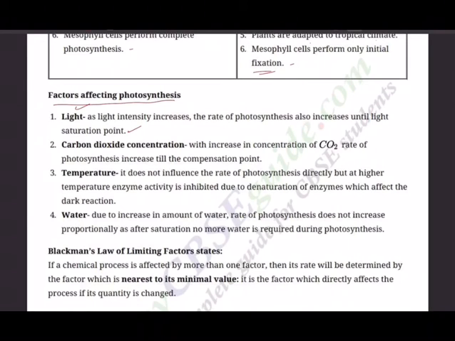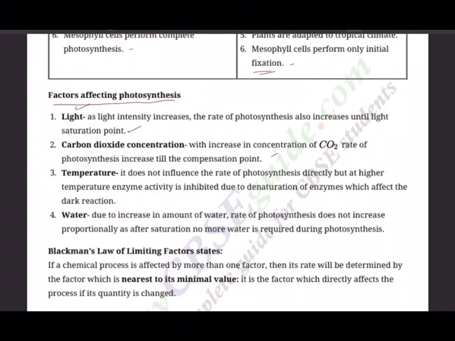That's why we said, remember, 680 to 700 nanometers, and beyond that or less than that, the rate of photosynthesis decreases. So light is a must. You can graphically also represent this. Carbon dioxide concentration. With increase in concentration of carbon dioxide, rate of photosynthesis increases till compensation point. Again, you can graphically also represent this.